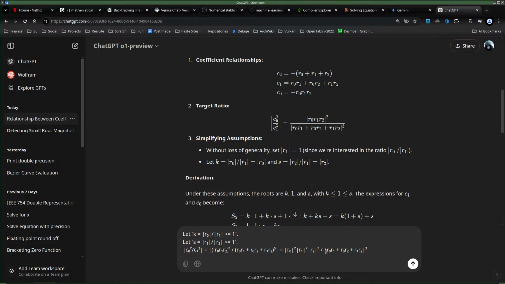Yeah, because you could see in the graph that if you make this smaller, then you can make that smaller.